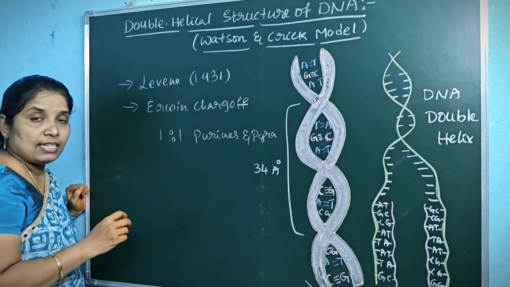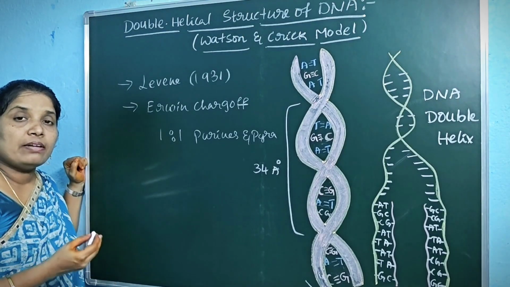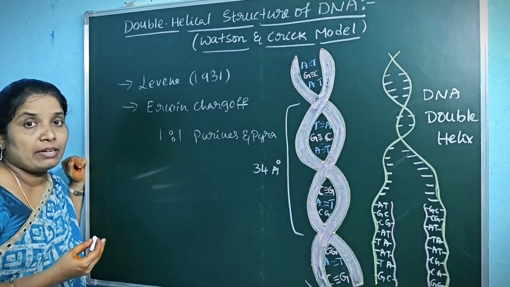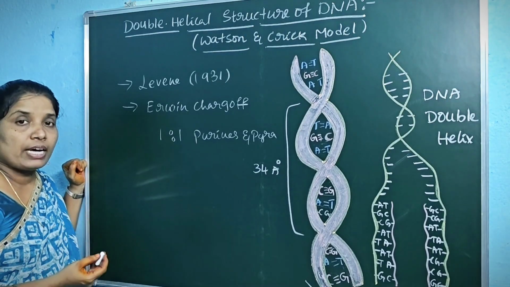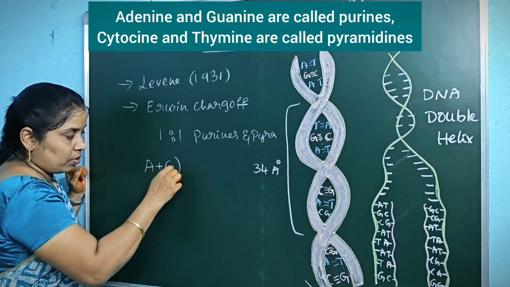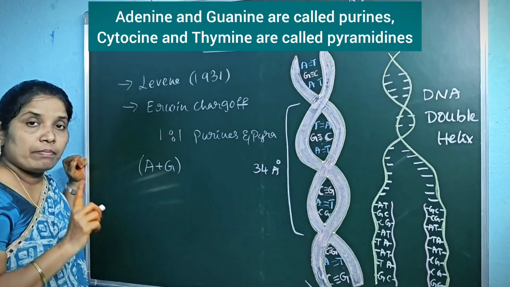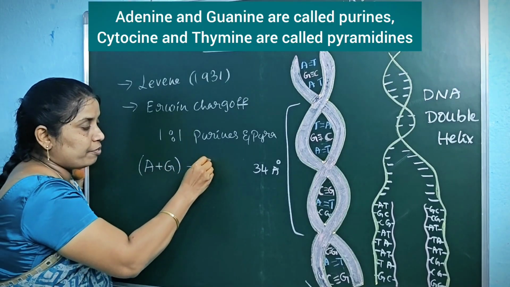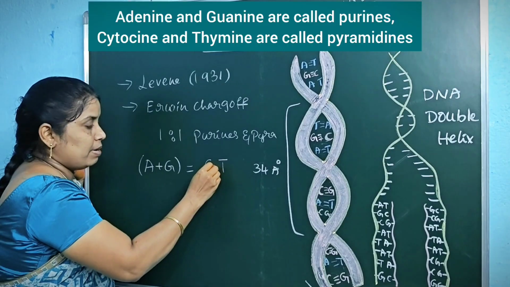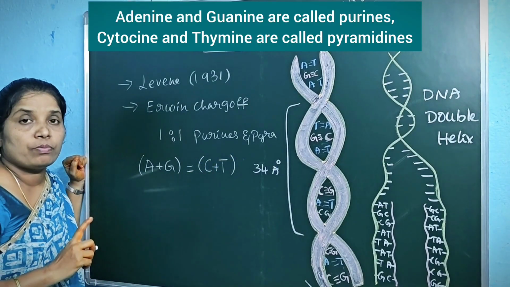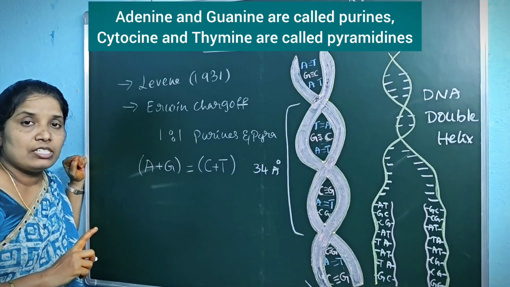That means the number of purine bases is equal to the number of pyrimidine bases. You know purines are A plus G. So this rule was proposed by the scientist Erwin Chargaff.